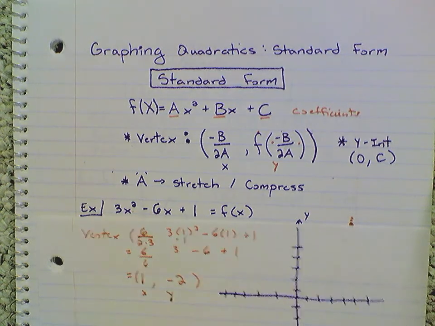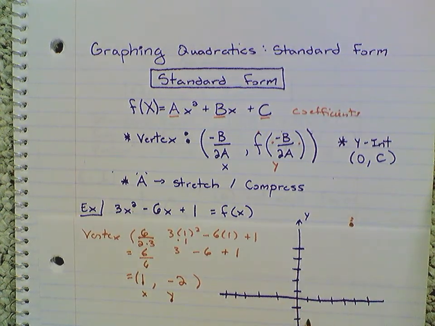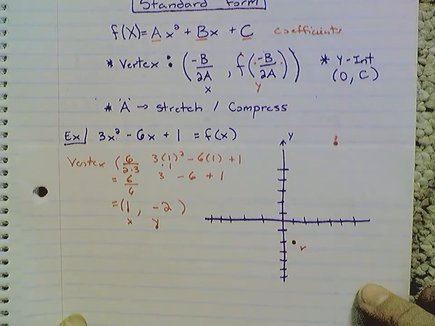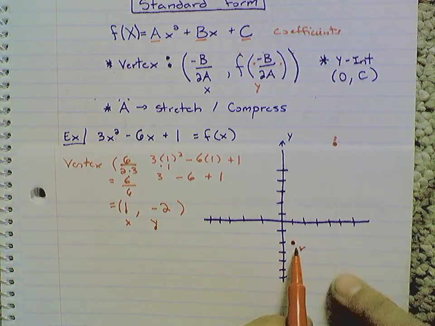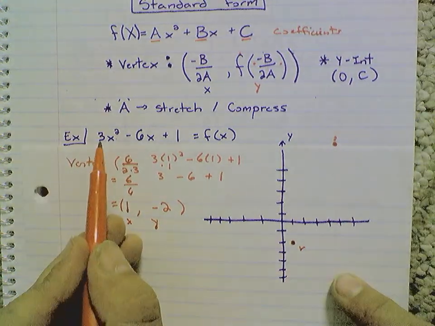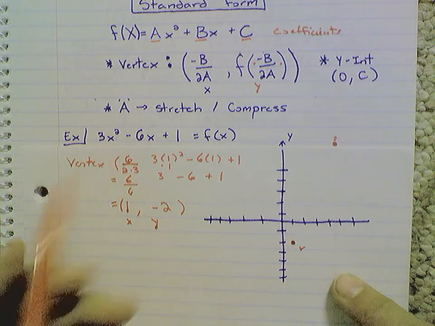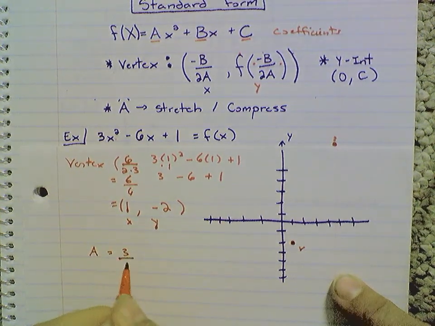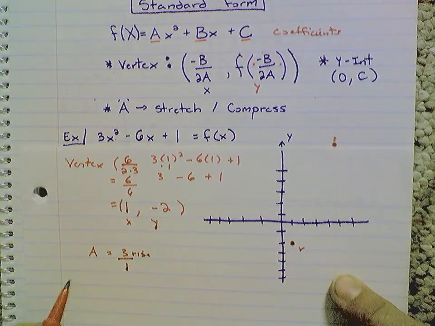So on my graph, I can go positive 1, down 2, and I know that's going to be where the vertex is. Okay? Once I plot the vertex, I always use my a to find my next 2 points. Right now my a equals 3. I can put that over 1 to find the next 2 points. It's going to be a rise of 3 and a run of 1.